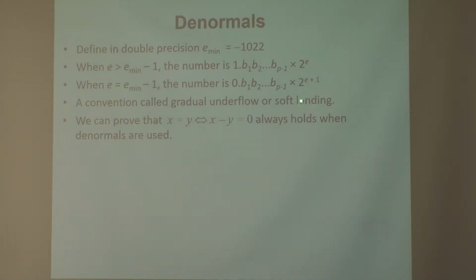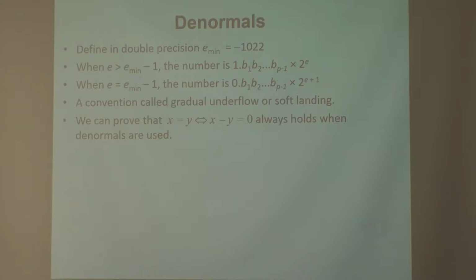When you want to represent a small number, even below what is allowed in the E field, you have to switch to 0 point something. Because this 0.001 is smaller than 1. It lost precision, but it is smaller than 1. So you can represent a smaller number within the given precision.